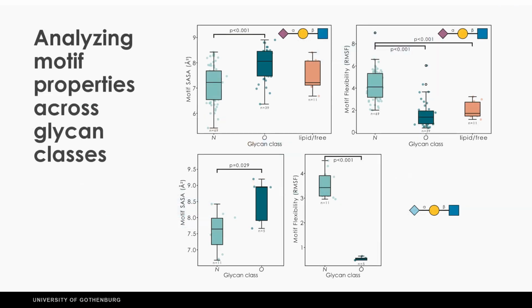What we also can do, and we really like to do that as well, is to look at sequence motifs and see how they behave in different sequence contexts. So here is sialyl-LacNAc, which we looked at in different glycan classes, because glycan classes present very different sequence contexts and very different structural contexts. That's why lectins sometimes have glycan class specificity, because it's a different 3D context.